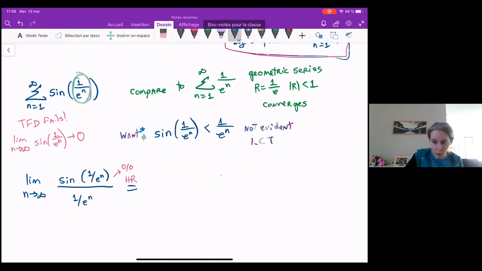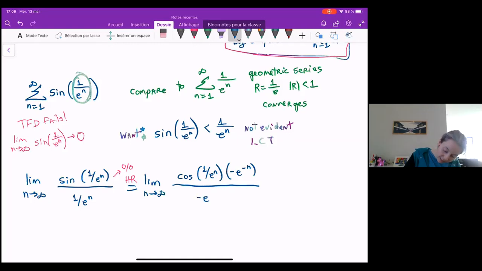When I'm applying L'Hopital's rule, I'll have cosine of 1 over e to the n, and that chain rule on the top is going to have me pull out the derivative of 1 over e to the n. That's the same thing as e to the negative n. This is negative e to the negative n, divided by the derivative of the same thing. So those derivatives are going to cancel out, yay chain rule, yay L'Hopital's rule.